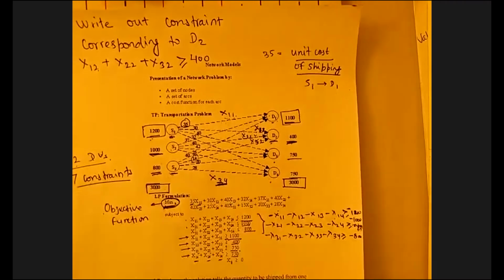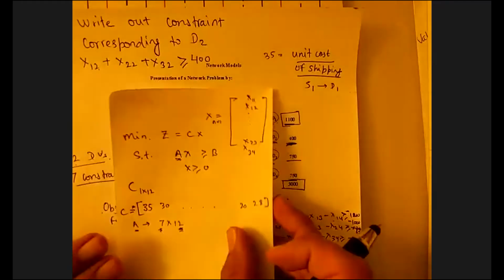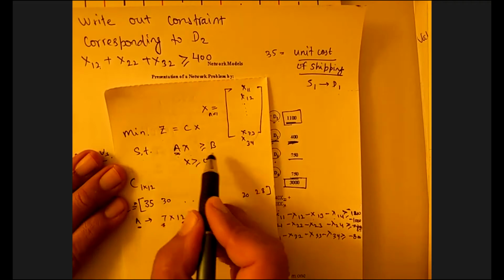So we multiplied both sides of the first 3 constraints by -1. We had 12 decision variables and 7 constraints. And then recall that for a standard minimization problem, you'll have minimization of z equal to cx such that A times x is greater than or equal to b, and x is greater than or equal to 0.